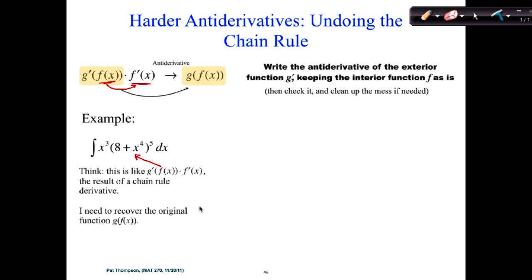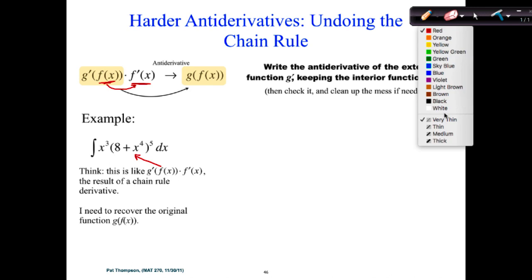Antiderivative of the exterior function, right? So the (8 plus x to the fourth) to the fifth, what's the exterior part of that? Something to the fifth, right? And so we're going to do the antiderivative of something to the fifth, and we're going to leave the interior as it is. And that's what we're going to call our first attempt.